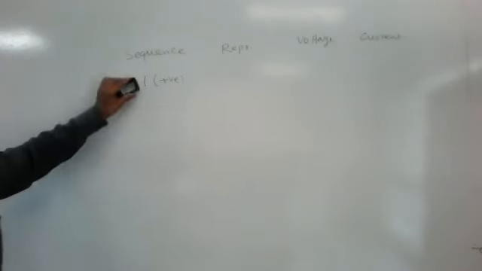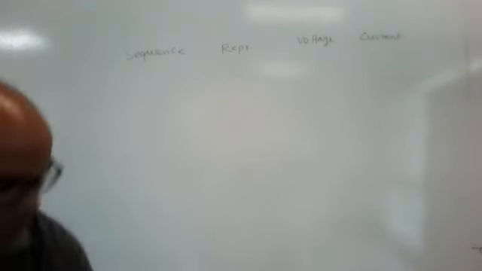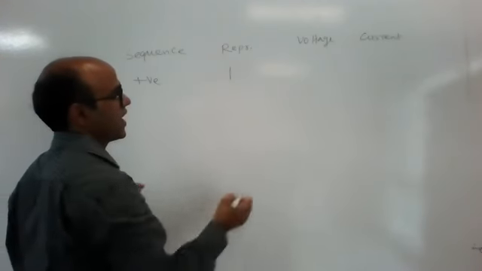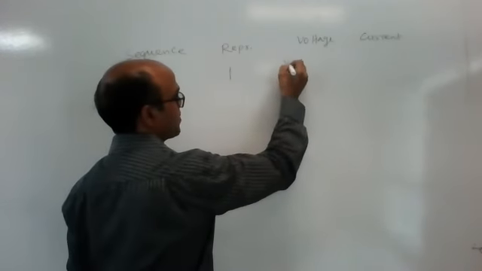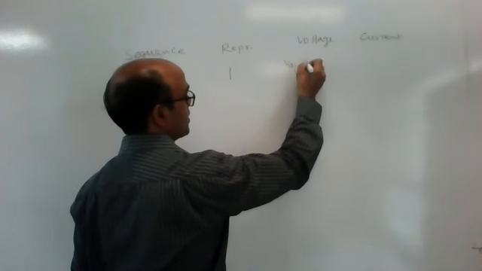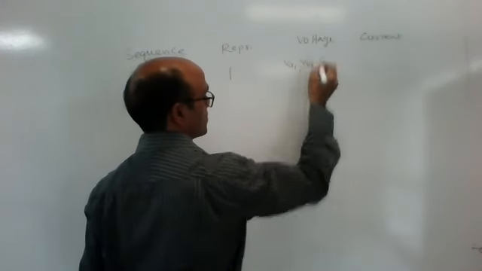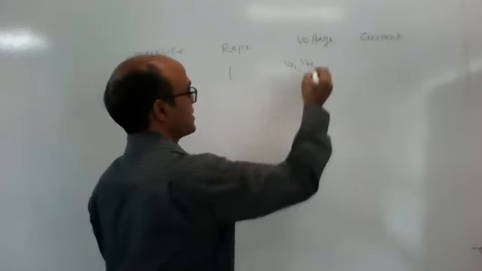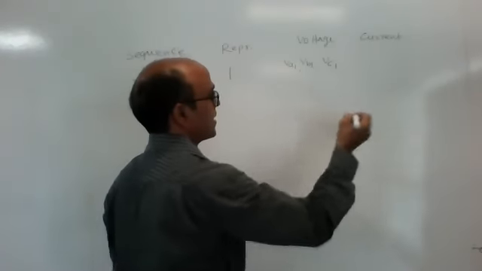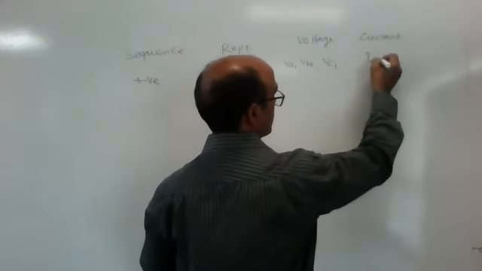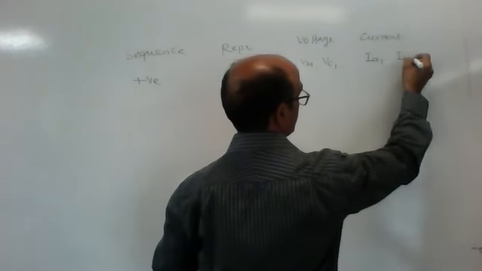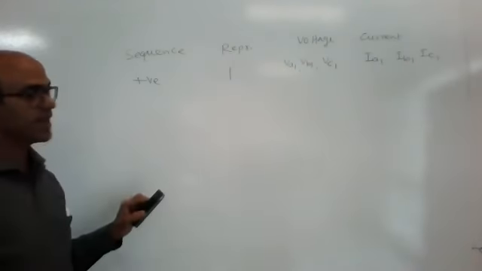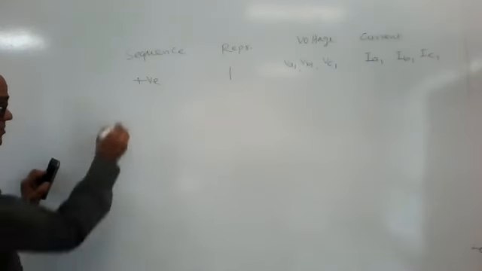Positive sequence is represented by 1, and if you are writing voltage, then this is VA1, VB1, VC1. So there are three phases: VA, VB, VC. Similarly, currents IA1, IB1, IC1. Three currents I am representing in that way.